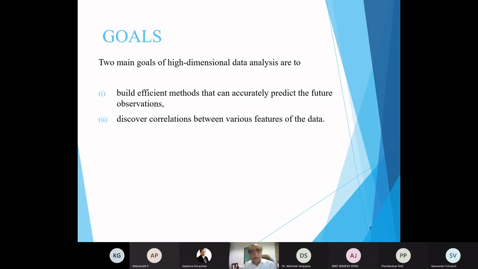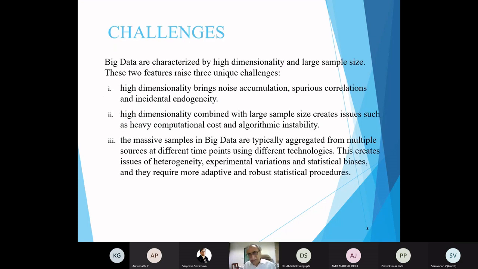All right. Let's look at the challenges that are posed by big data. The word data can be used as a singular as well as plural. Big data are characterized by high dimensionality and large sample size. High dimensionality brings noise accumulation, spurious correlation, and incidental endogeneity.